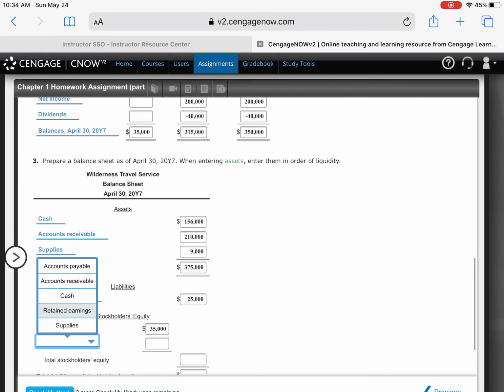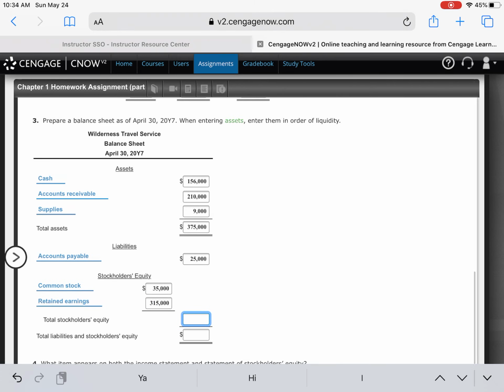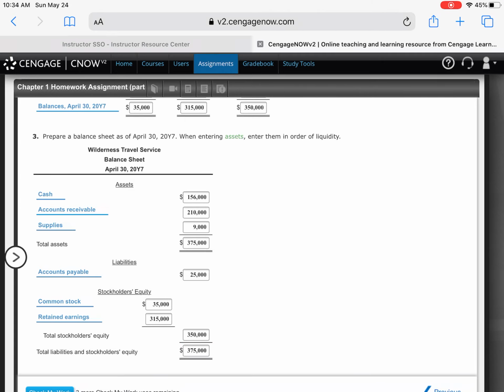And we said our retained earnings was at $315,000, which means our total stockholder equity was at $350,000. We now need to add together our liabilities and our total stockholder equity, and we do that and we get $375,000, and that equals our total assets.